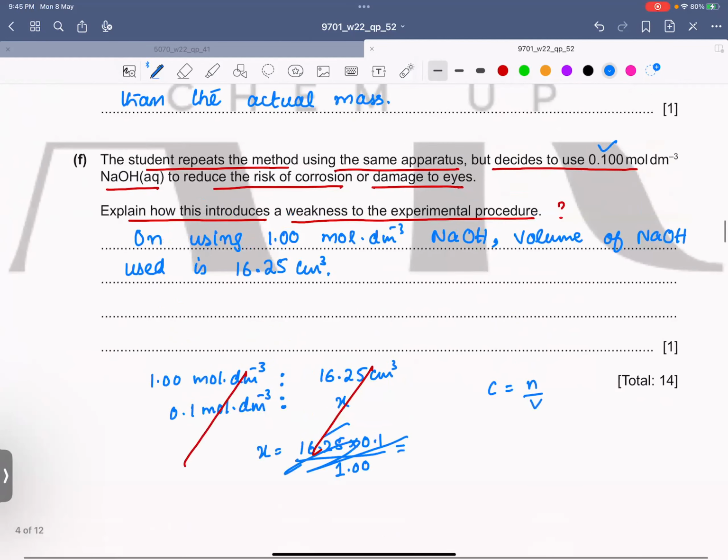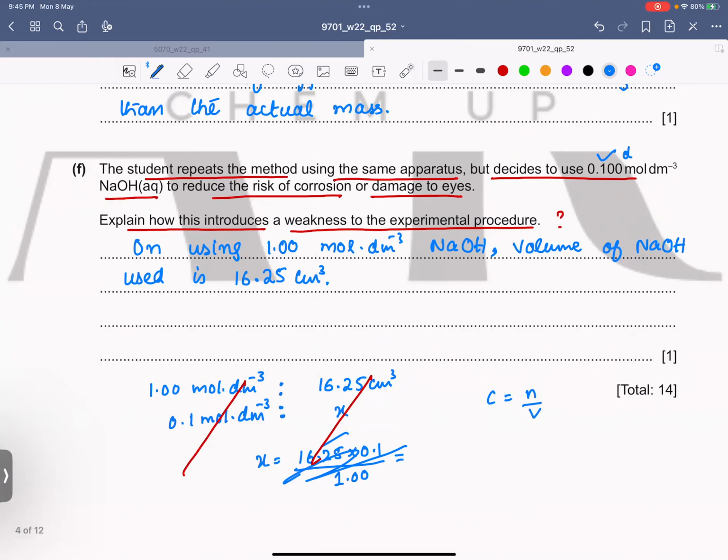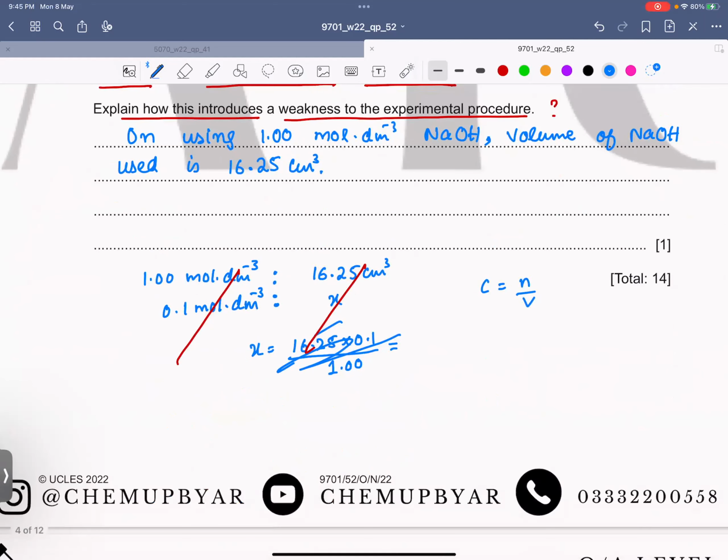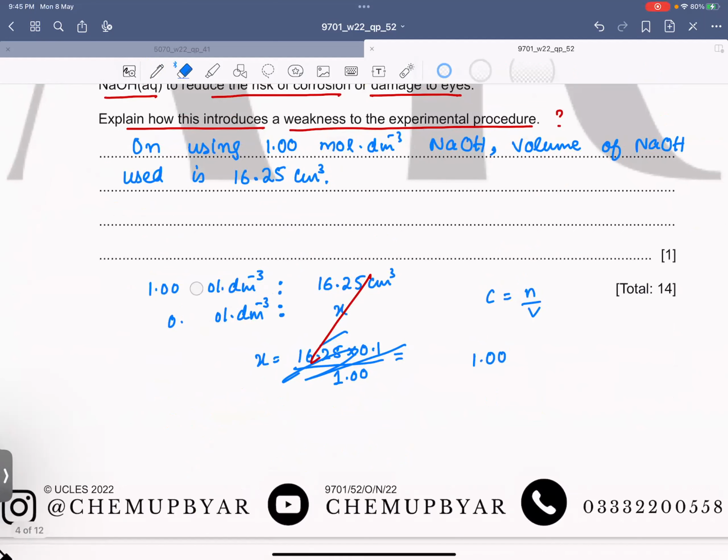So if you see here, we have used the diluted solution. The concentrated solution has a concentration of 1 mole per dm cube. Let me erase this.